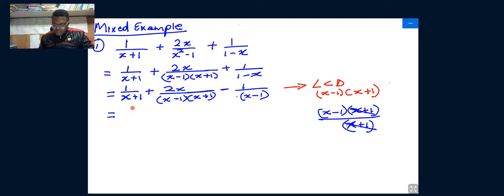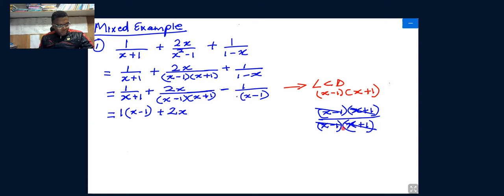So we are going to have 1 multiplying x minus 1 plus, here we are going to divide this by this. So we already have x plus 1. I'm going to put x minus 1. What do we have here? The 2x comes back as it is.